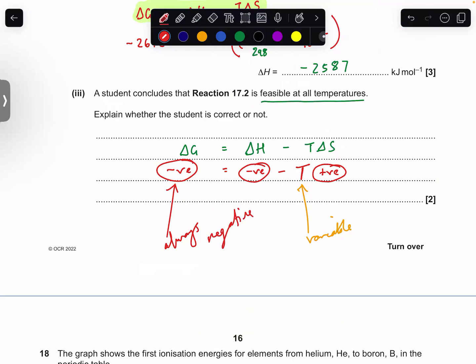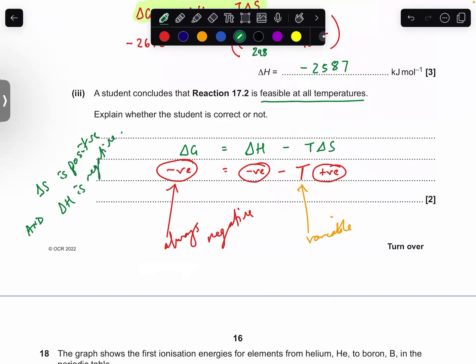Have a look at the mark scheme. Let's see how it words this. You get a mark for saying, obviously put this into words, so what does the mark scheme say? Delta S is positive and delta H is negative. You get 1 mark for that.